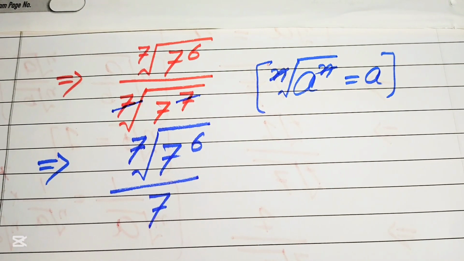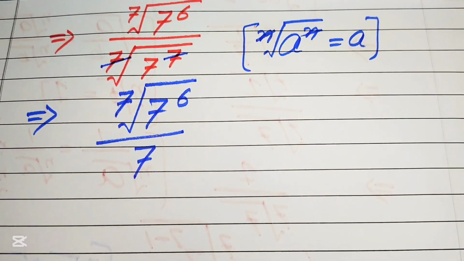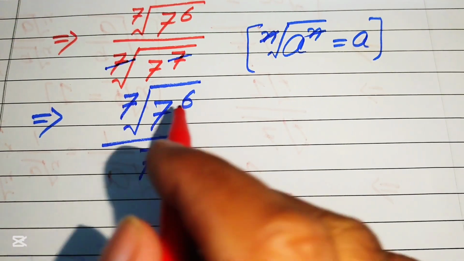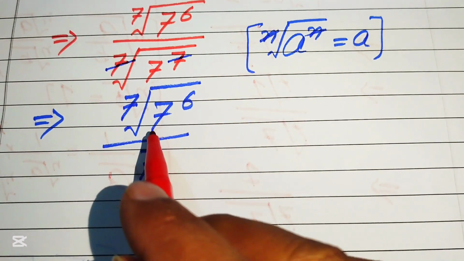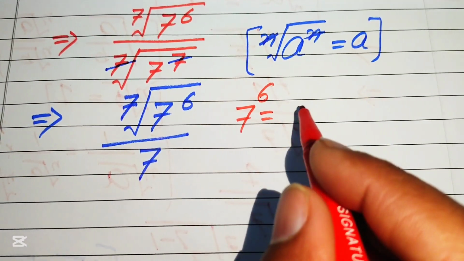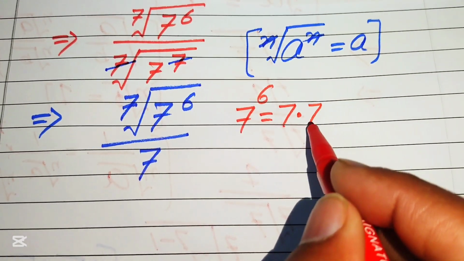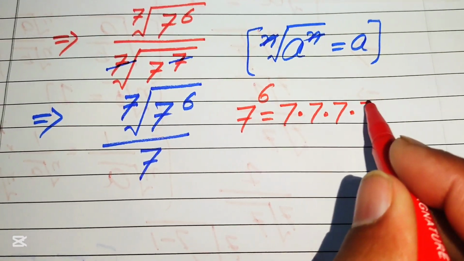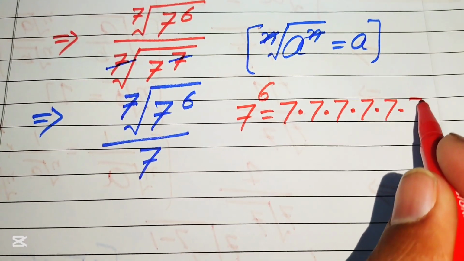After this step we need to focus on this 7 to the power of 6, and you know the meaning of 7 to the power of 6. It means that we multiply 7 six times in this way.